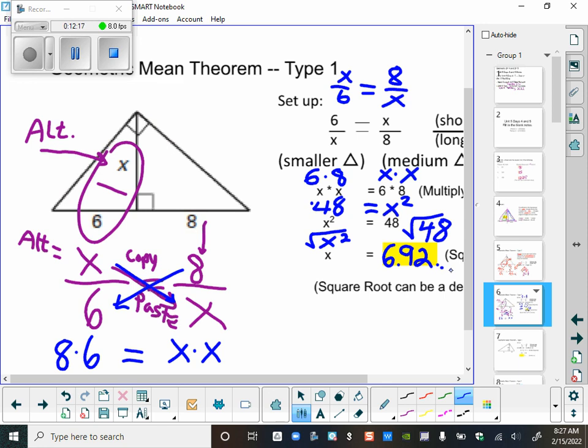But the most important thing is understanding you put whatever your altitude is, diagonal, keep it diagonal. And then here's your first ratio, x over 6. Copy that x, and then whatever's here, boom, you drop it on the top, the end.